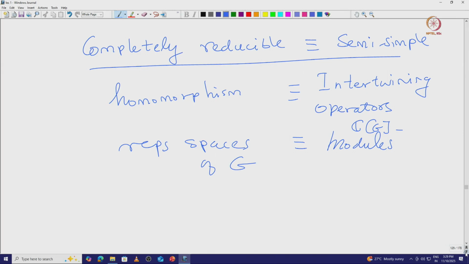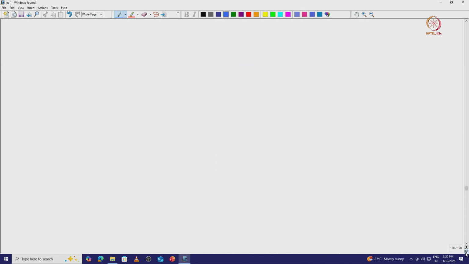Okay. So, in group representations, we fix the trivial representation to be a one-dimensional representation on which the group elements act as one. This is a terminology that is overused.